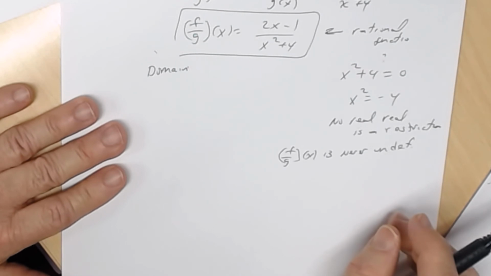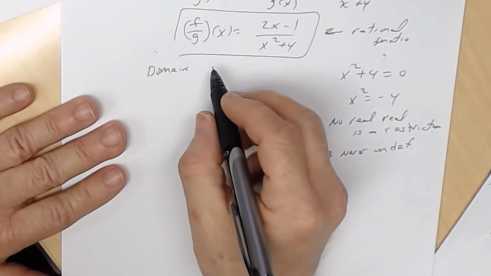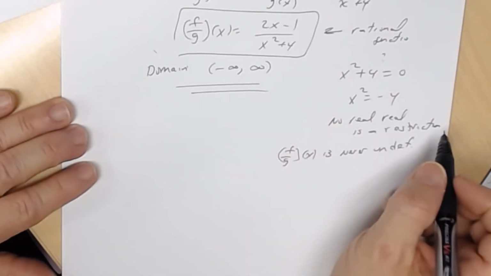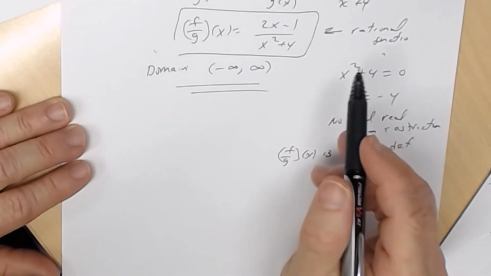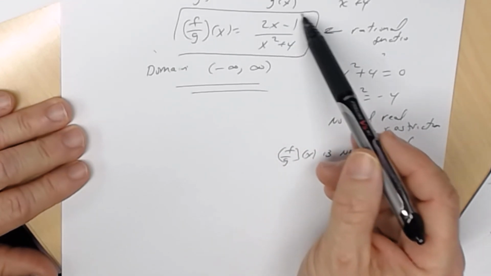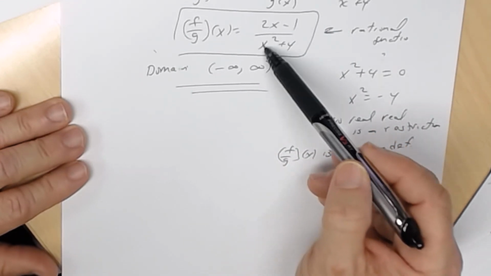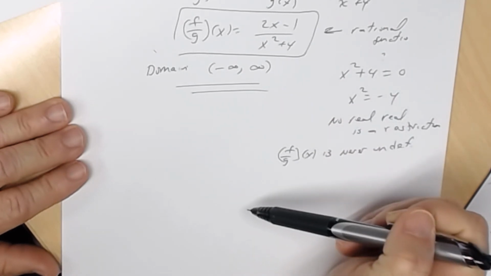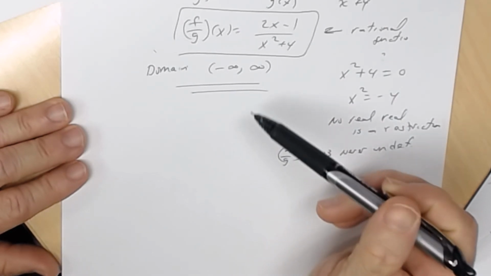So what that means is that my domain is all real numbers. Because the domain of a rational function is all real numbers except what makes it undefined, and it is undefined when the denominator is 0. Is the denominator ever 0? Nope, it's never 0. So that's your domain.